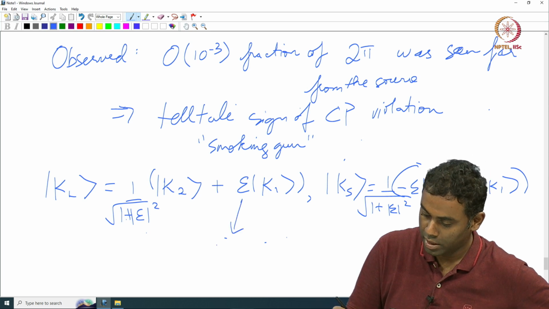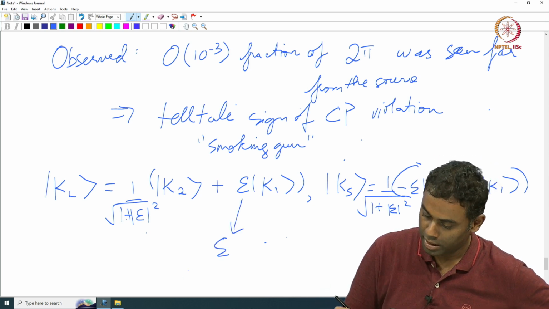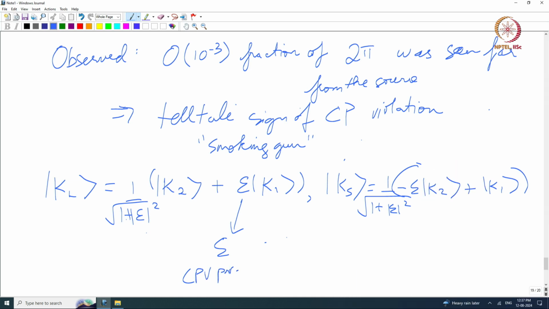So this epsilon is a CP violating parameter, and that number is found to be roughly 10 power minus 3. So this gives you some intuition for how much CP is violated in the weak interactions. It is not violated by a lot, it is violated at the level of 10 power minus 3, 1 part in 1000. The same 10 power minus 3 is what we saw here. So that is what we are characterizing in the superposition also.